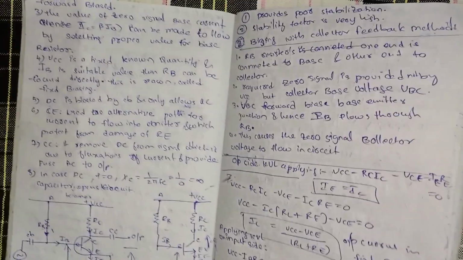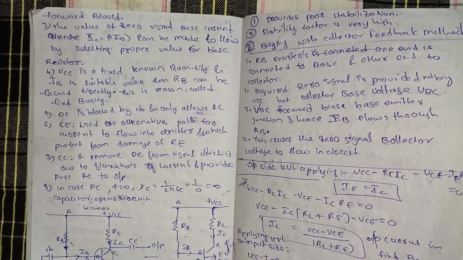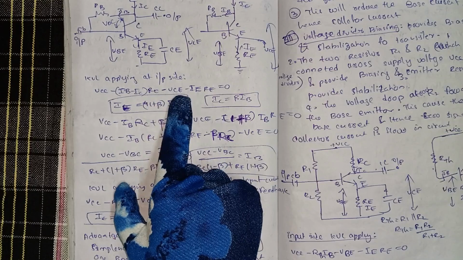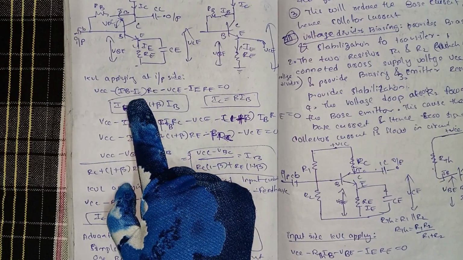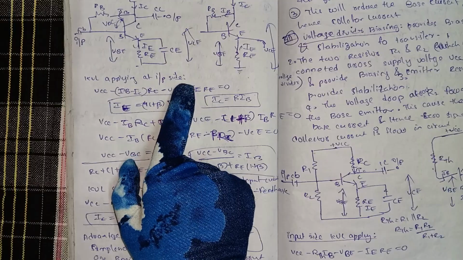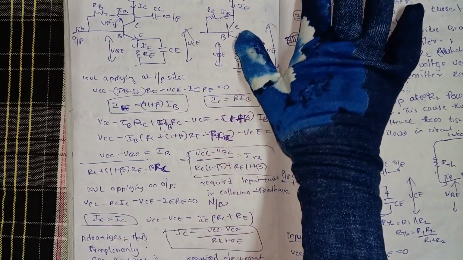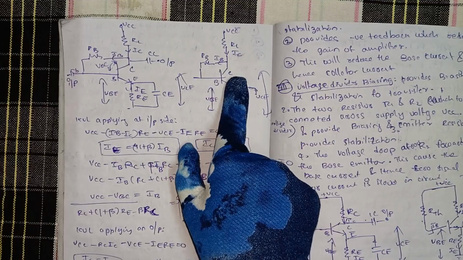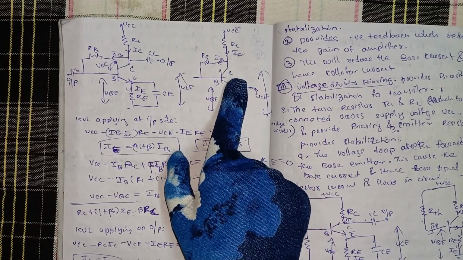Applying KVL to this same circuit, at the input side, VCC minus IB minus IC of RC minus VBE minus IE RE is equal to 0. Here we have removed the capacitors for DC.